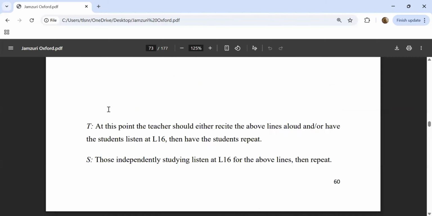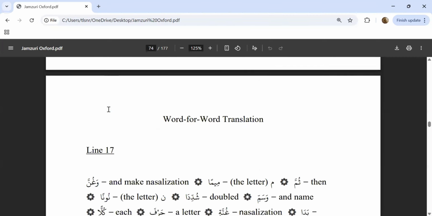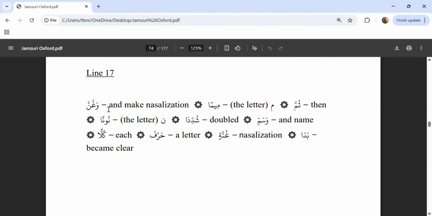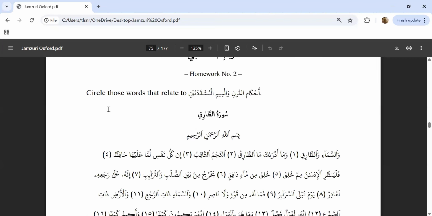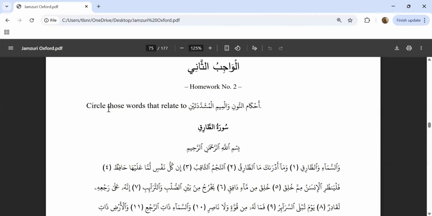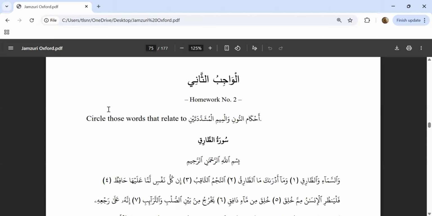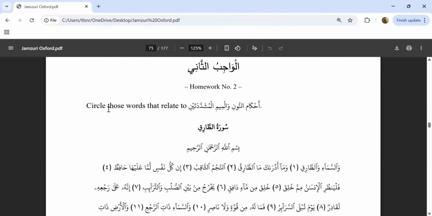So only one line to memorize for this week, inshallah. And again, you have the word for word translation kept within the context of the poem. Then you have your second homework. I haven't received all of the first homework, so I'd like to receive that, please, every week before the start of the next class period, inshallah.